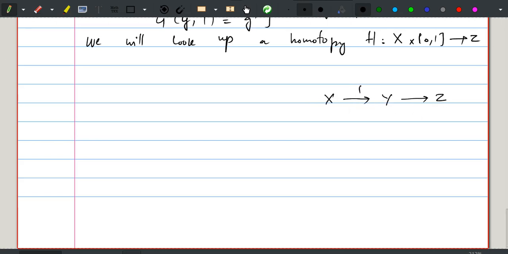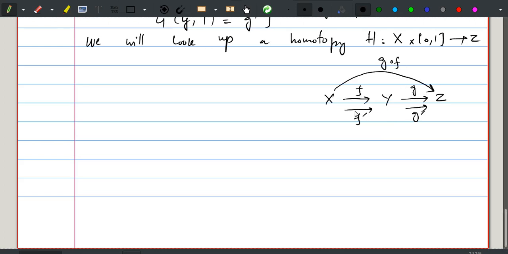So here we have f and f prime, and g and g prime. A map from x to z will be g composite with f, and again a map from x to z, that is g prime composite with f prime. Note that these are both continuous, since f, f prime, g, g prime are all continuous.